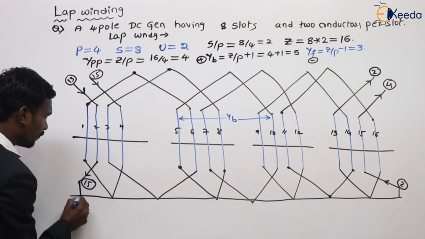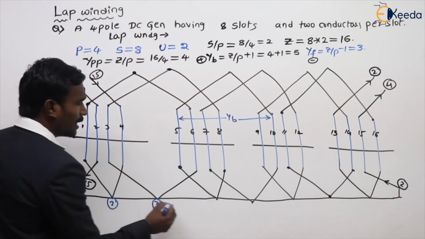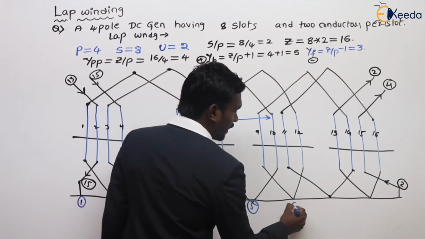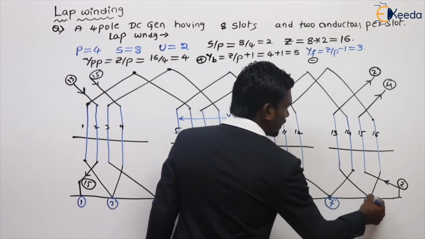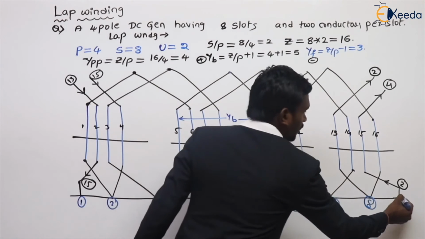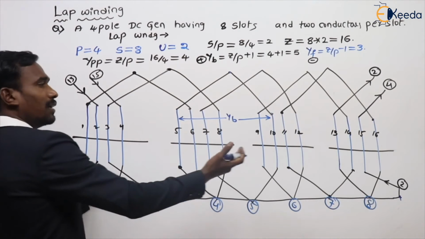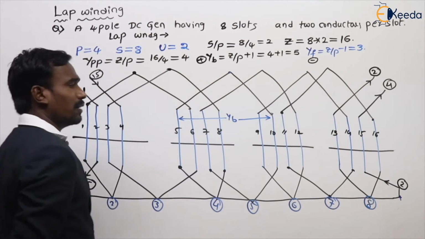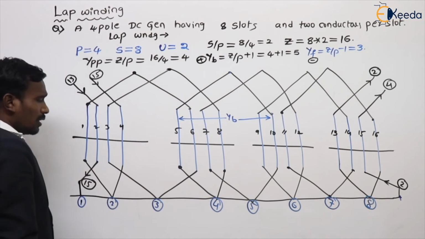For example, this is the first commutator segment, second, third, fourth, fifth, sixth, seventh, eighth commutator segment. Of course, this is 50% of one and this is 50% of one because these are combined. So this is simply the number of commutator segments. Are you okay? Right?